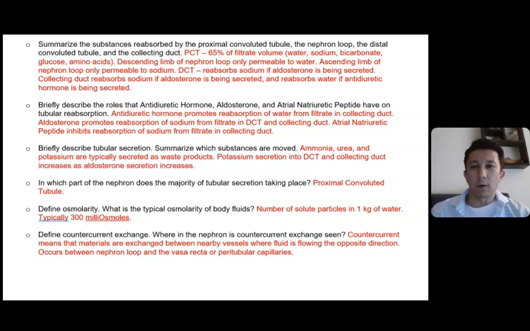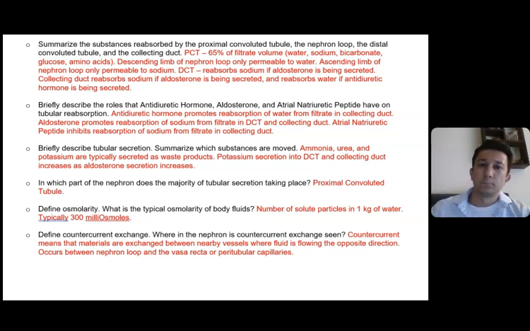Whereas atrial natriuretic peptide essentially does the opposite of aldosterone. It inhibits the reabsorption of sodium from the filtrate that's passing through the collecting duct, because atrial natriuretic peptide essentially inhibits the collecting duct from making sodium-potassium pumps. So both aldosterone and atrial natriuretic peptide are hormones that are concerned with sodium concentrations, but they work in the opposite way.